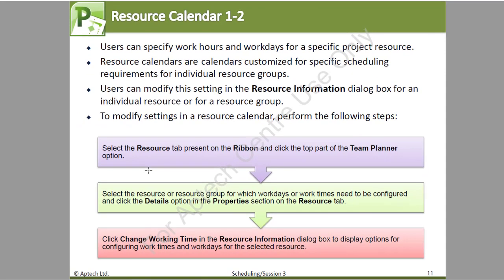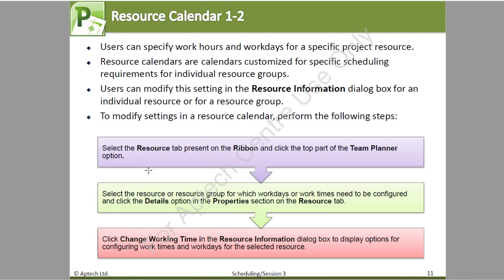Now, I'm quite sure you might be wondering, what is this thing we're calling a resource? A resource can be HR, that is human resource for the people who are working. It could also be something like machinery, that is earth moving equipment if you're doing road construction. It could be cranes if you're doing a building project or any other resource that you're using in your project.